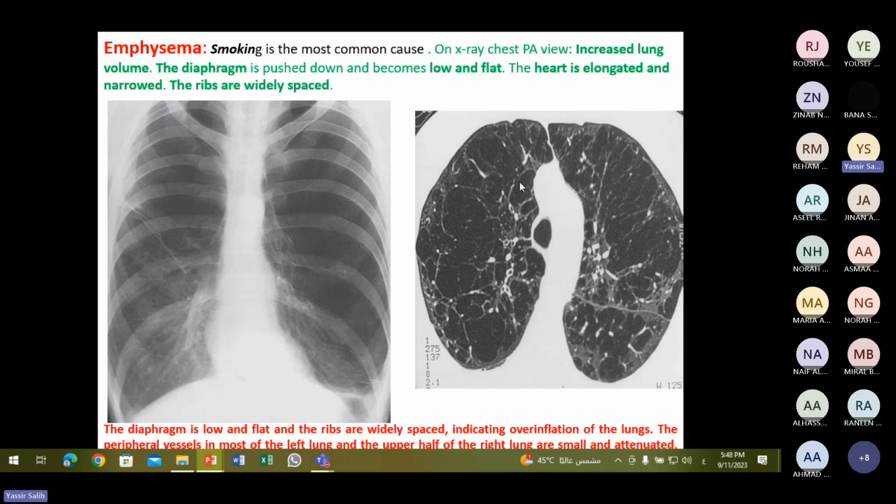Also can be well demonstrated on CT. فدي all these are bully اللي هي cavity of air. هي كلها بسموها البولي أو البولي الواحدة بولة. ف this is the sign of emphysema. إذا السي تي جبناها ليش؟ عشان تعرف إنه زي بولة اللي هي air cavity.